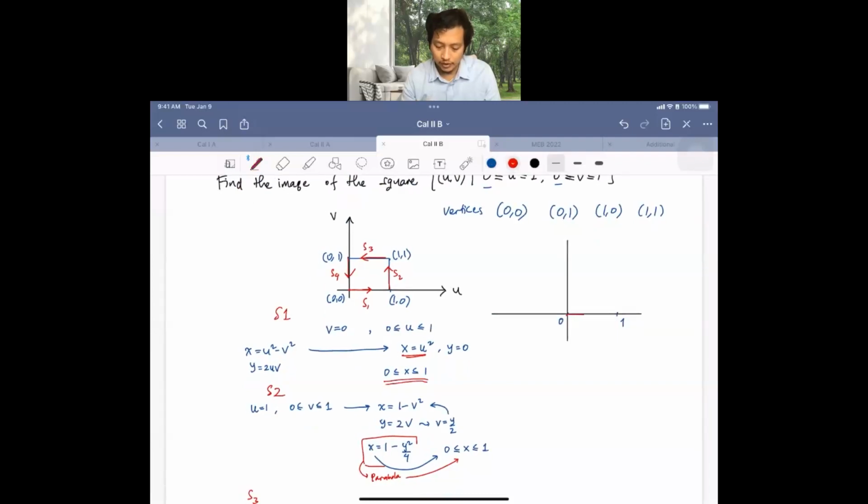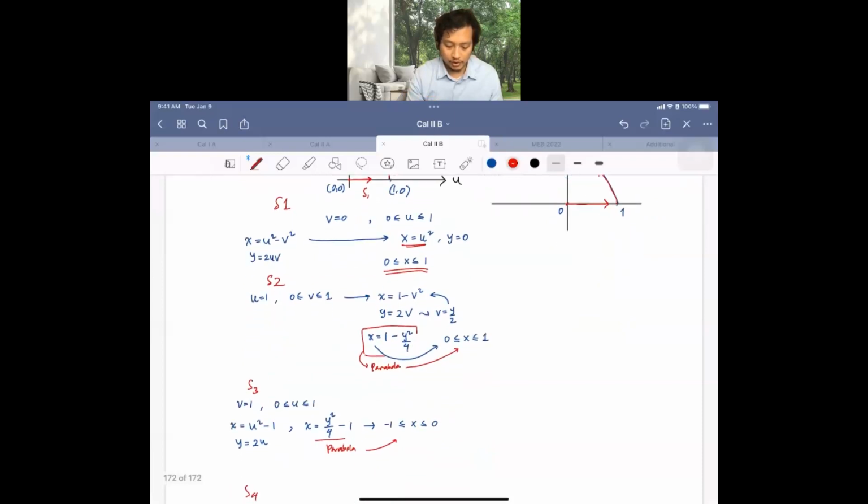So we are going to move here, and then for S2, we have a parabola. This is the parabola. So this will be our next destination. This is S2.